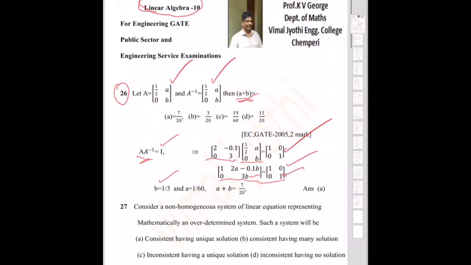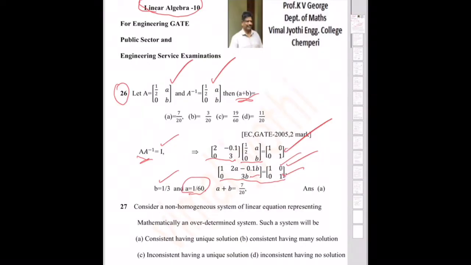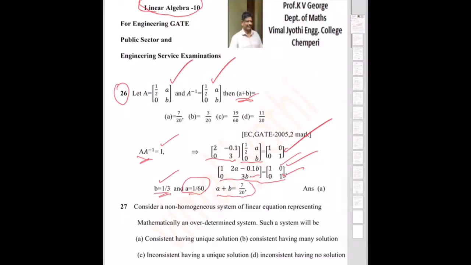And 2A minus 0.1B equal to 0, we get A equal to 1 by 60. A equal to 1 by 60, B equal to 1 by 3, we get A plus B equal to 7 by 20. That is answer A.